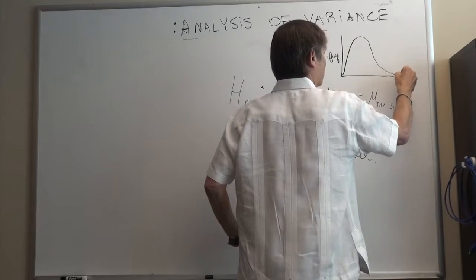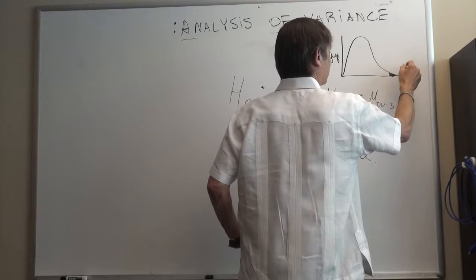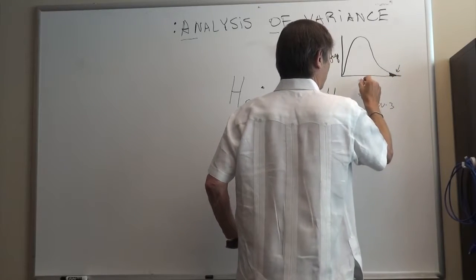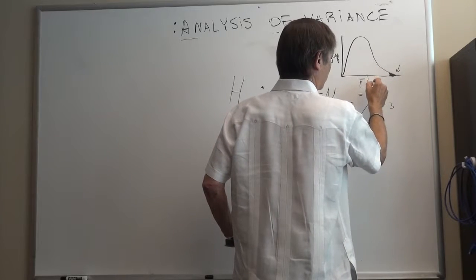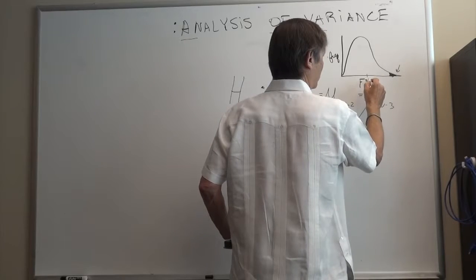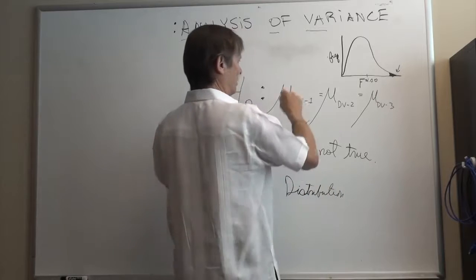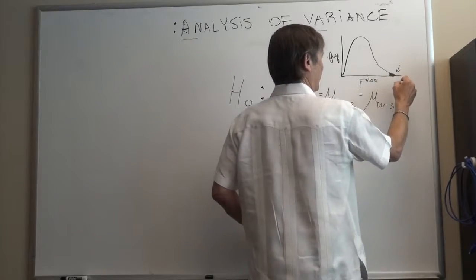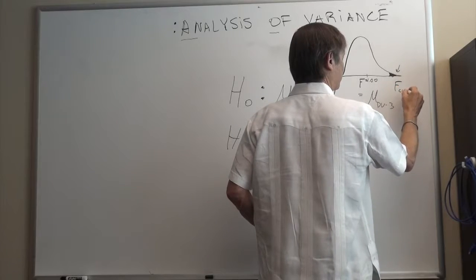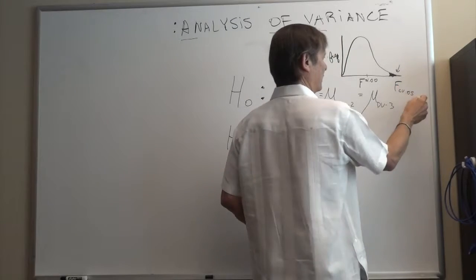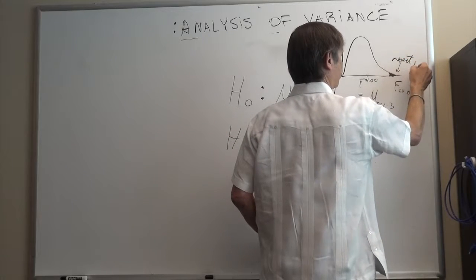It's a right-skewed distribution, and 5% of the area under the curve, this 5%, here's our F values along here, and about here is about 1, F equal to 1.0. And if our obtained F value falls out here beyond this value, this is going to be our F critical value, let's say at 0.05, which is the standard level of statistical significance, then we'll reject H0.